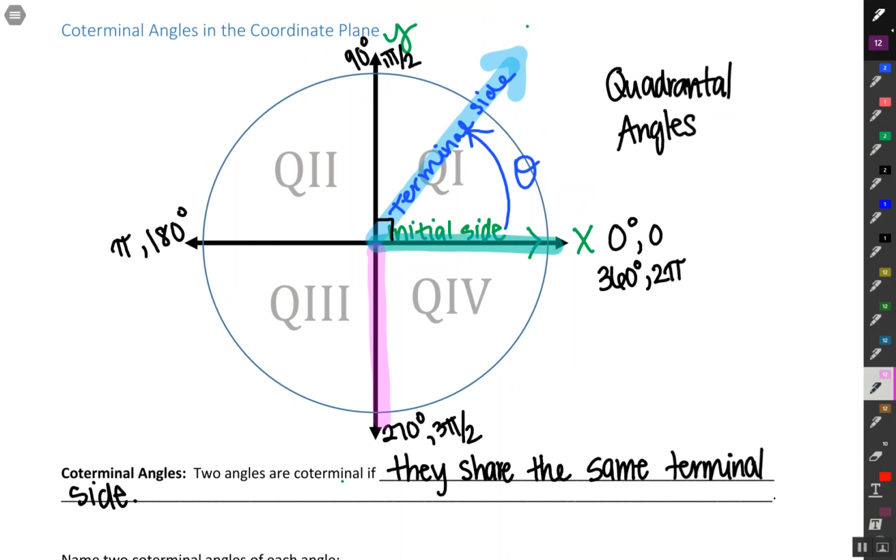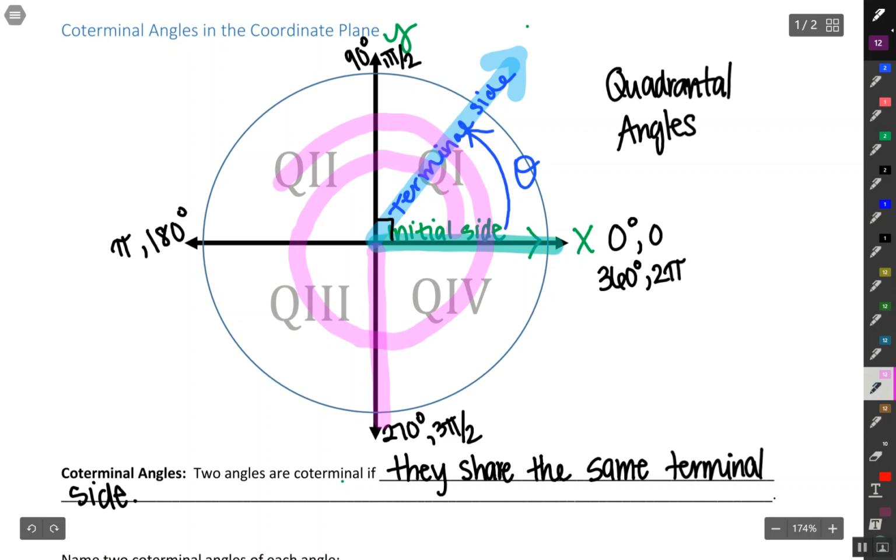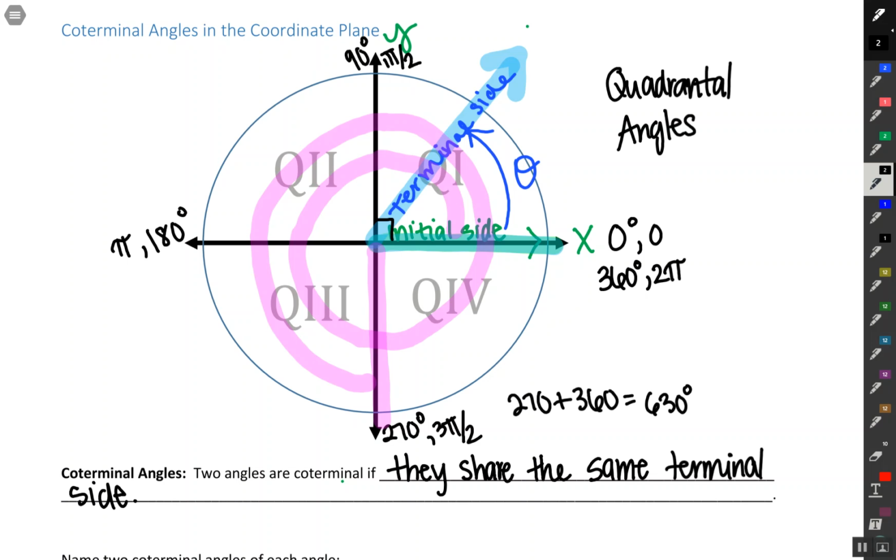So maybe I'll start here and go 90, 180, 270, and then I'll go again 360, another 90, another 90, another 90. So essentially what I'm doing is taking 270 and adding a full circle, 360, and that gives me 630. So 630 would be coterminal to 270.